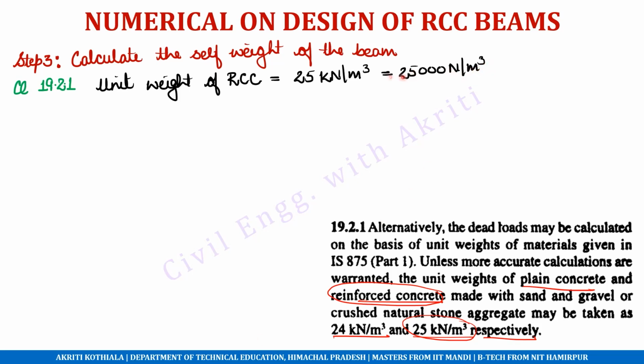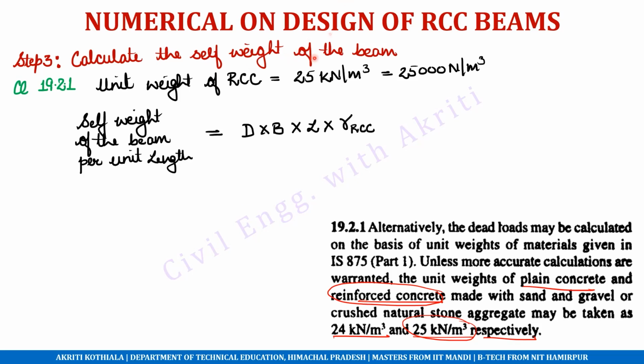Now we have to calculate the self weight of the beam, which can be simply calculated by multiplying the overall depth, the breadth, the length, and the unit weight of concrete. But we will be calculating the self weight of the beam per unit length. That is, the length which we'll be considering is 1 meter or 1000 mm, and gamma RCC is equal to 25,000 Newton per meter cube.